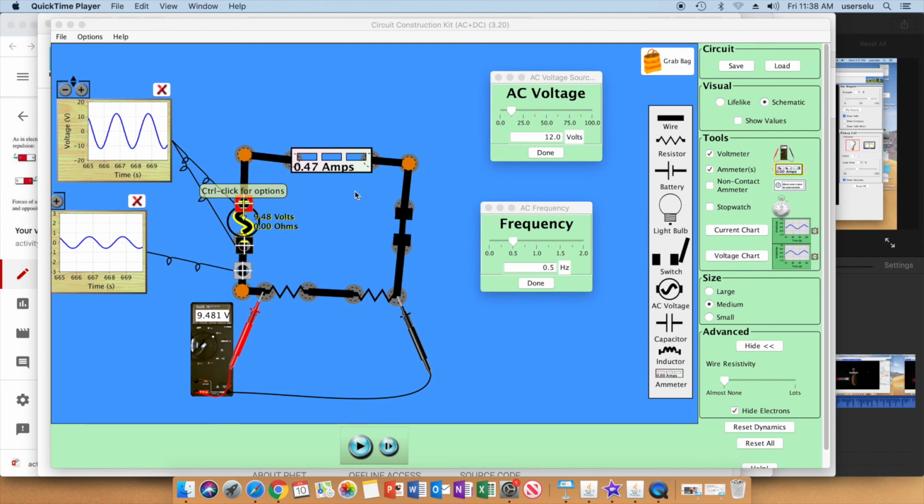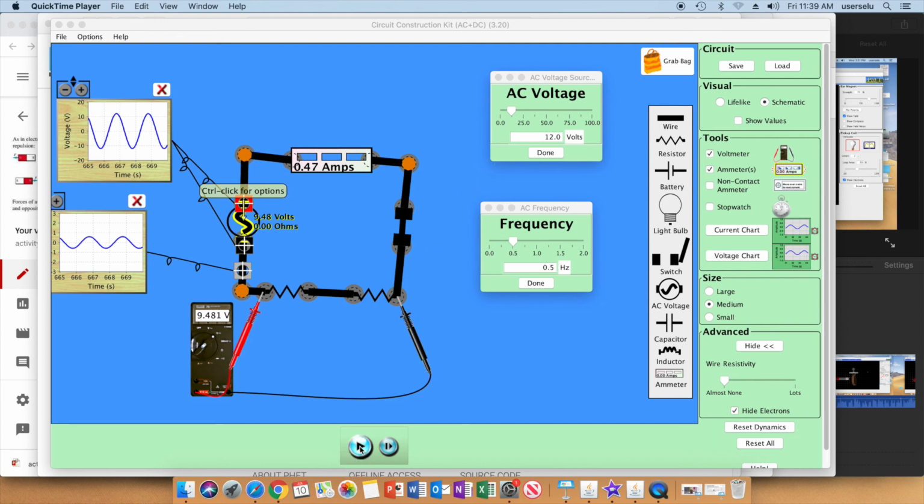I still have my voltage set at 12 volts, but now I have a 10 ohm resistor and a 10 ohm resistor in series. 10 ohms plus 10 ohms is really 20 ohms. So this should be 12 volts divided by 20 ohms. That sounds like a 0.6 amp output current that I should get from those two characteristics.